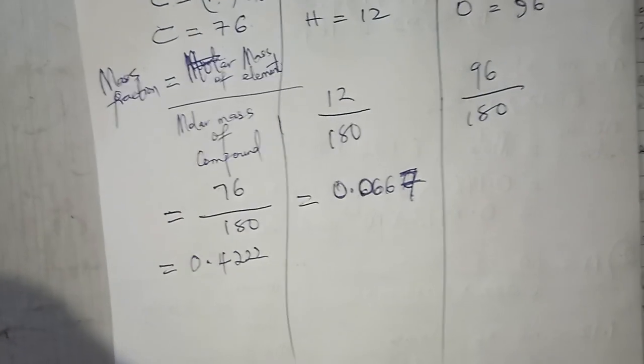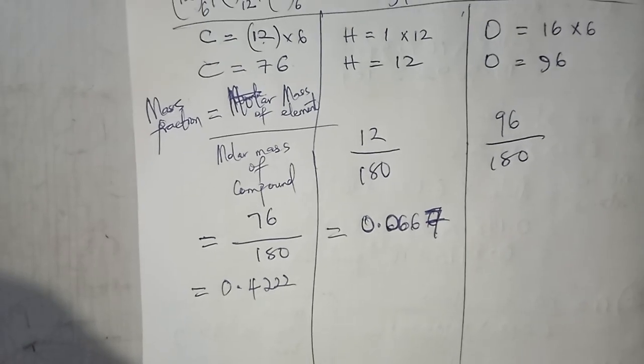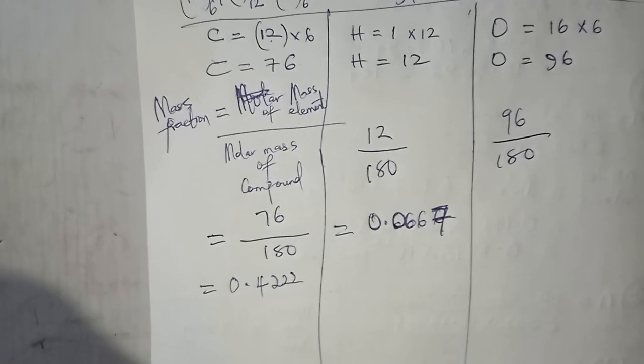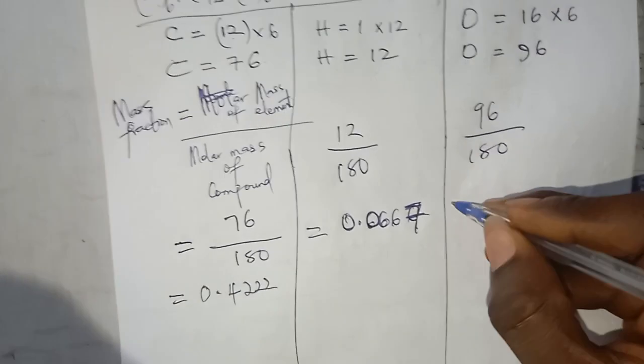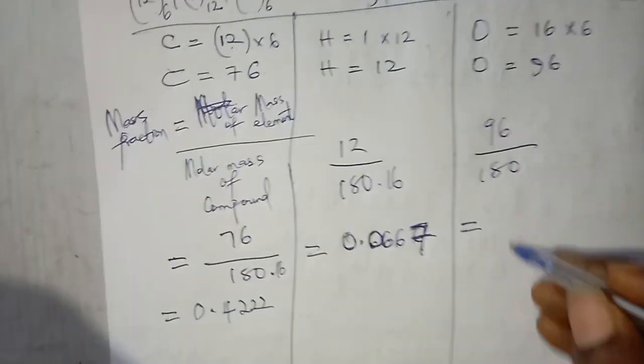Now let's do 96 divided by 180. Sorry, I forgot to put the 0.16.